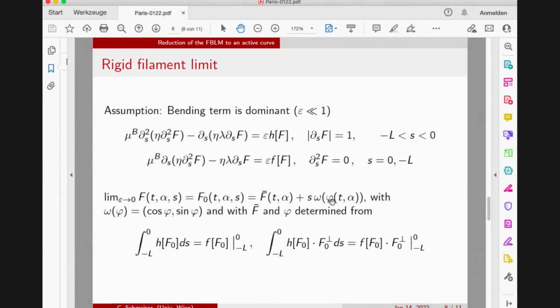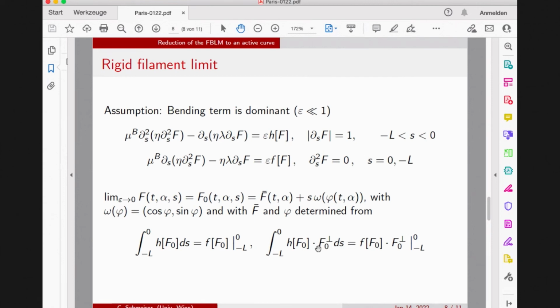And actually, what you can do, you can see that there are two invariants here. There are two ways to make two functionals which make the left hand side equal 0. The first is just integration, and the second one is just multiplying by f orthogonal and integrating. So this more or less is connected to a linear force balance and torque.